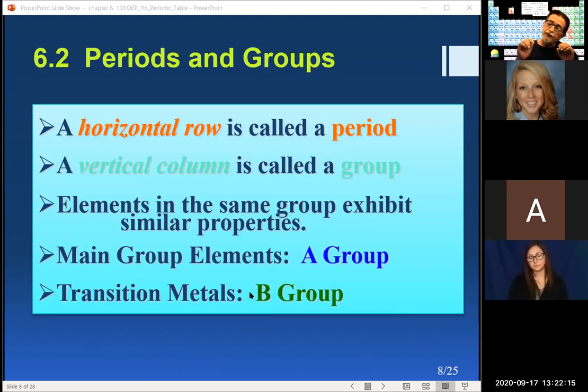Now, all of the A, the ones in Roman numeral A, those are main group elements. The B's, which are the D block, are called the transition metals. Okay, they have their own little special name. So the main group elements are groups 1A through 8A, and then the transition metals are the D block and the F block.